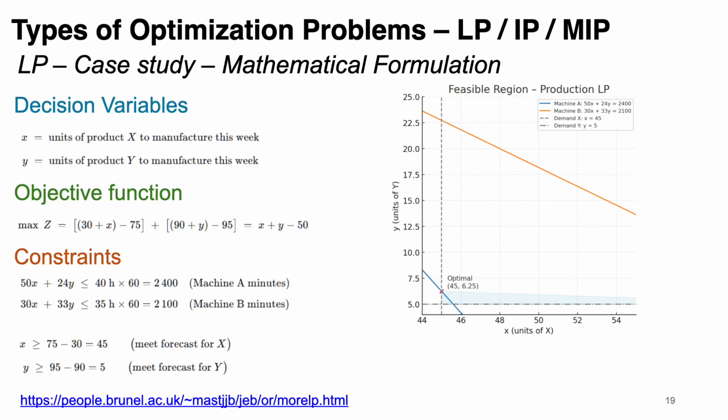The constraint is 30 times make X plus 33 times make Y is less than or equal to 2100. We also add our demand constraints. 30 plus make X must be greater than or equal to 75, and 90 plus make Y must be greater than or equal to 95. This is how we take a complex business policy and turn it into a clear mathematical map for Gurobi to follow.